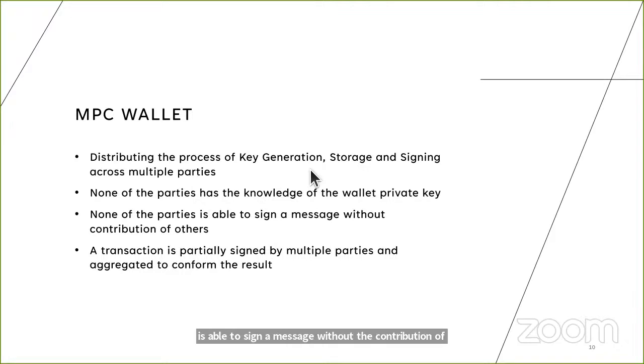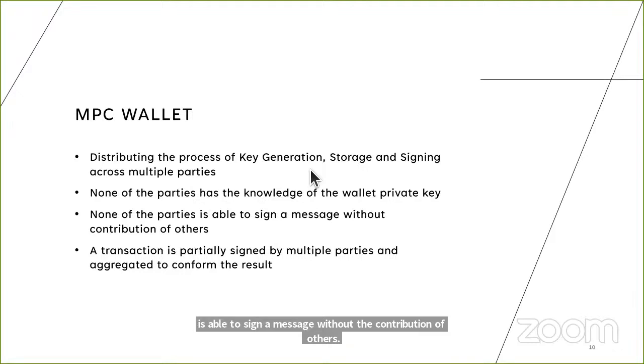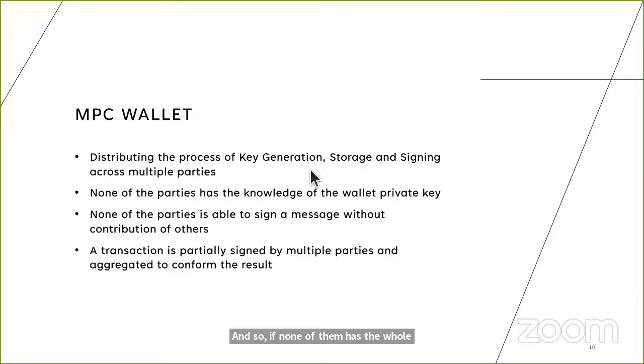And so if none of them has the whole knowledge of the private key, how do they sign a message or transaction? The answer is that each party partially signs the message.